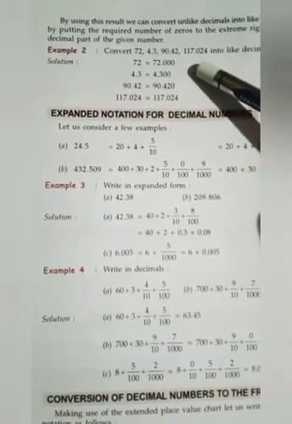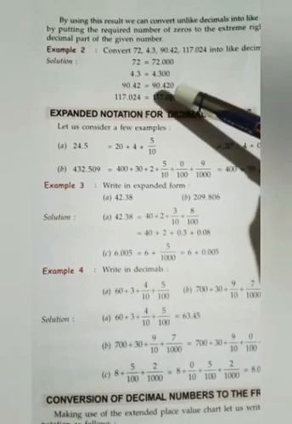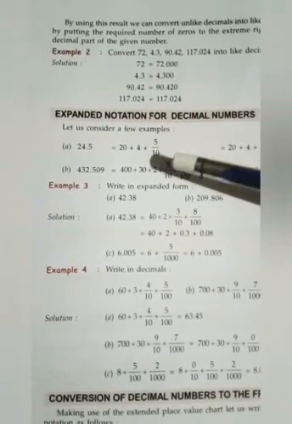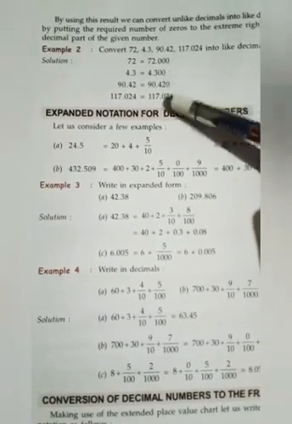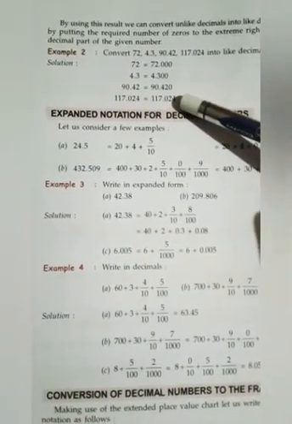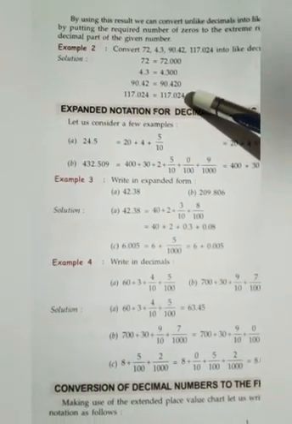Because the highest place value is 3, we have to convert all the numbers to 3 places. Then we see all have 3 places. So these are like decimal numbers.